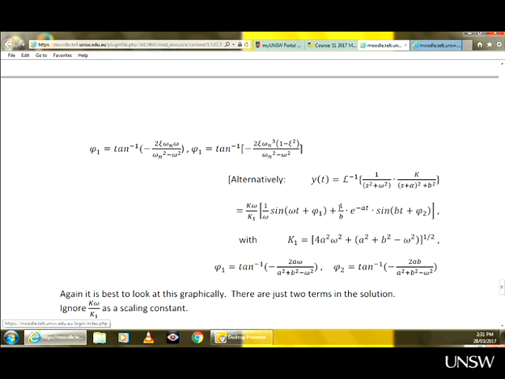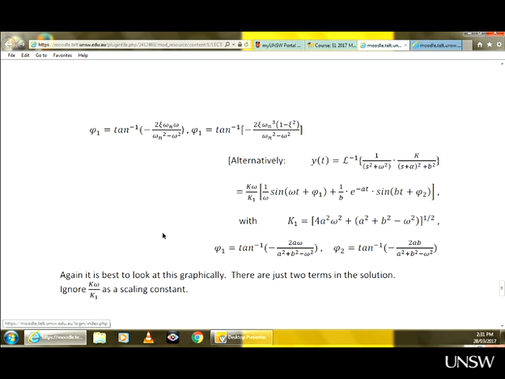Again, a part that contains this exponential term, the part that we call transient, and the part with a constant amplitude. Just that these constants will have slightly different definitions.